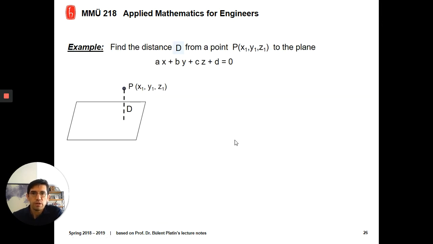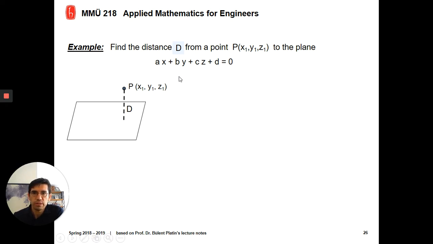So let's try to find the distance. For example, we can use these identities in finding the distance between a point and a plane. So how can I approach that?